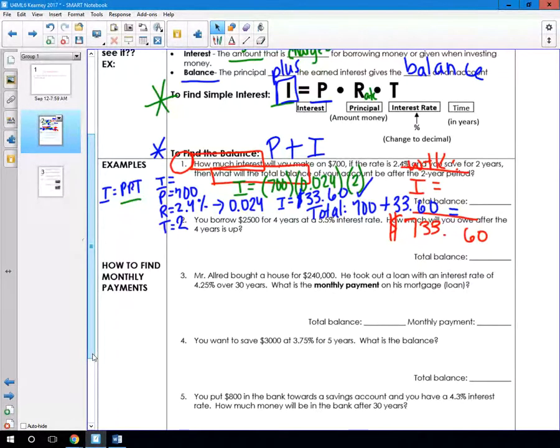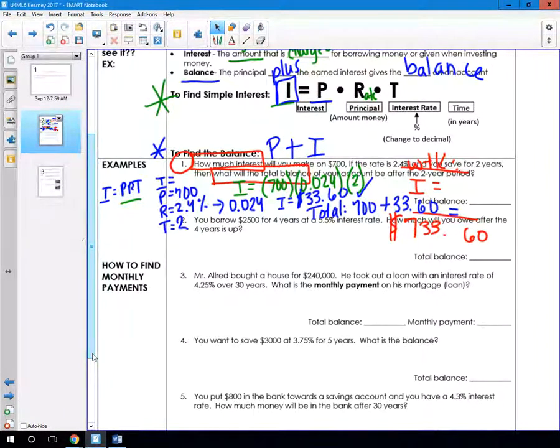So remember, we're multiplying P times R times T. So you just need to pull out those key pieces of information and plug it into your formula. And don't forget to write your want to know. Okay, and just to remind you, I is the interest, P is the principal, which is the original, R is the rate, which we need to change to a decimal, and T is time in years.